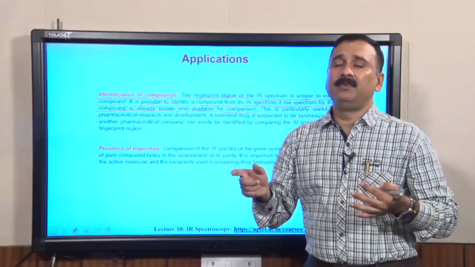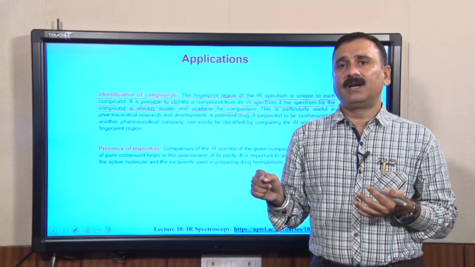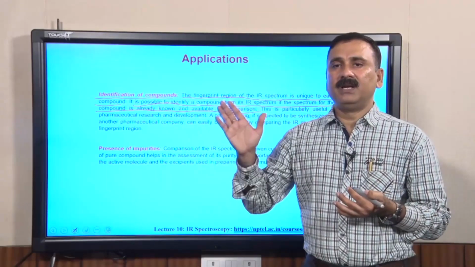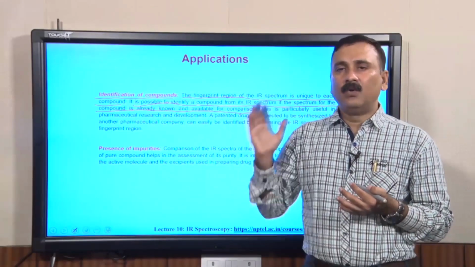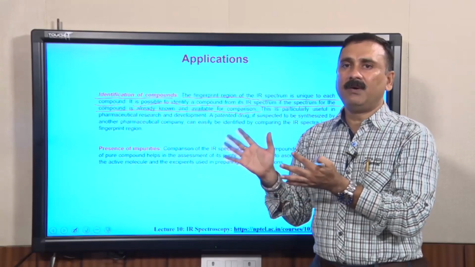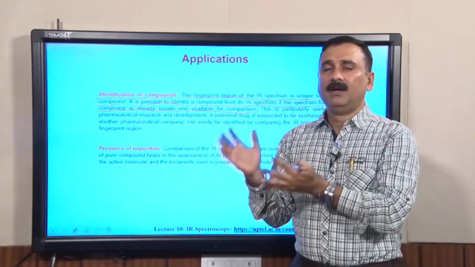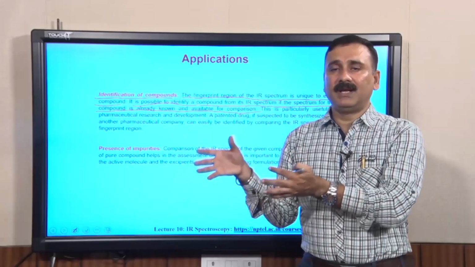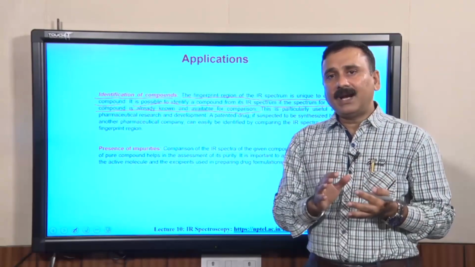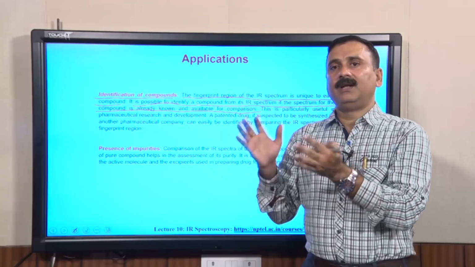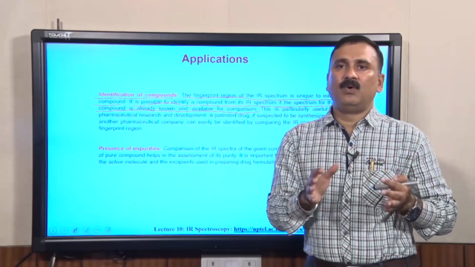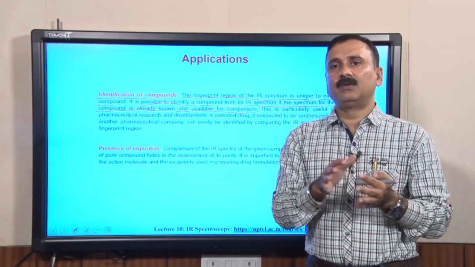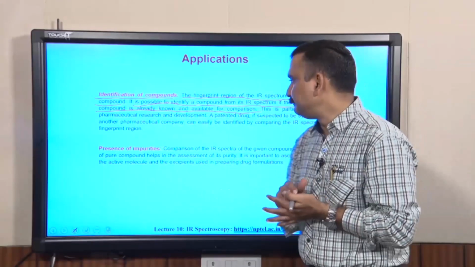But if you have a pure compound for which you have collected the IR spectra, and you know that these fingerprint peaks are going to appear in this particular compound, then if you do a similar analysis with a compound isolated from the host cells and it gives those peaks, that confirms this is the same compound which has been isolated from the host cells.